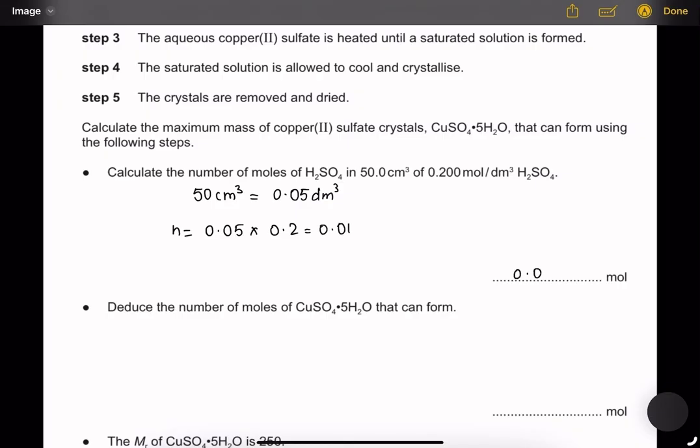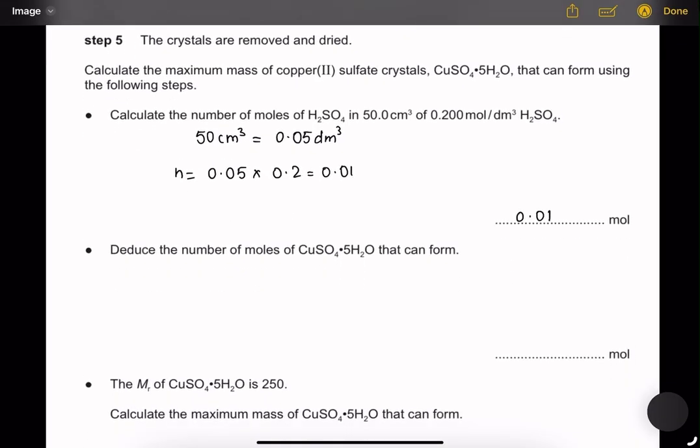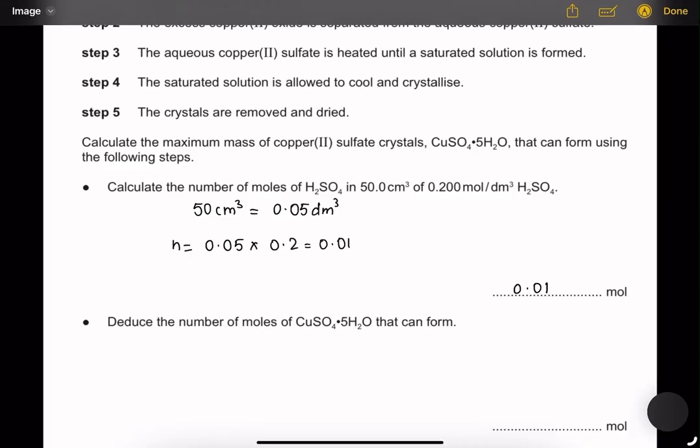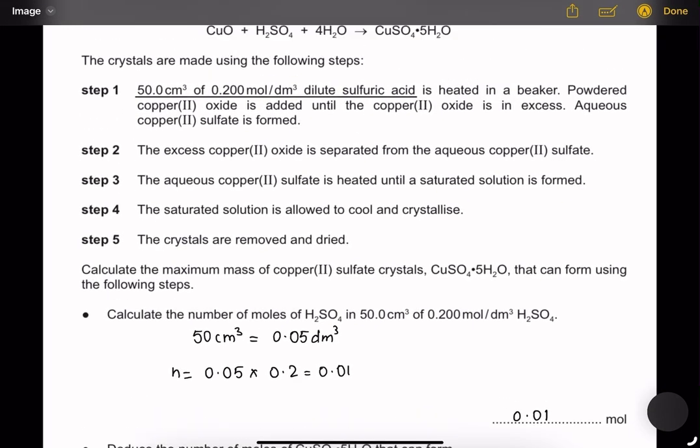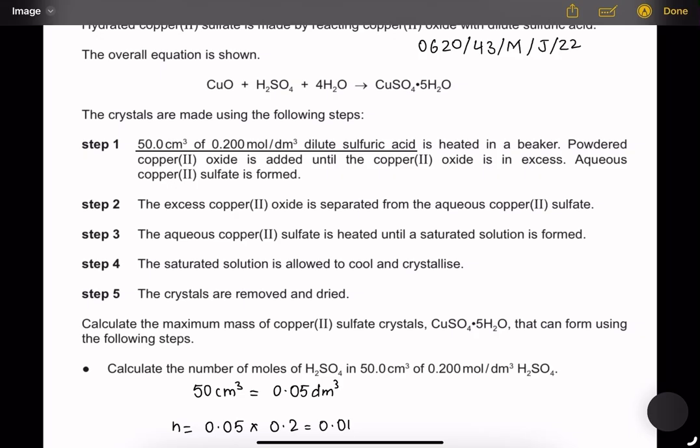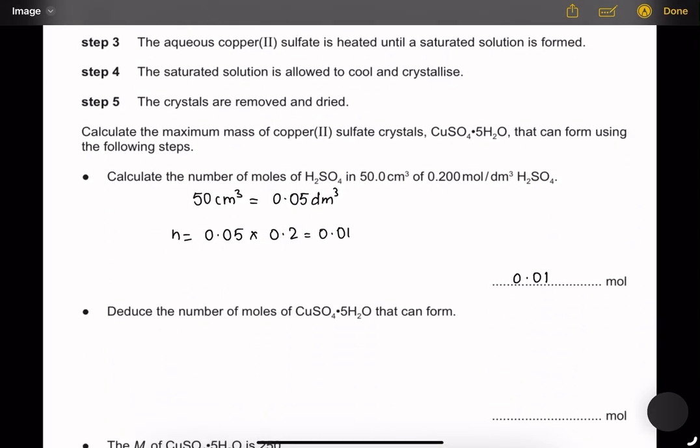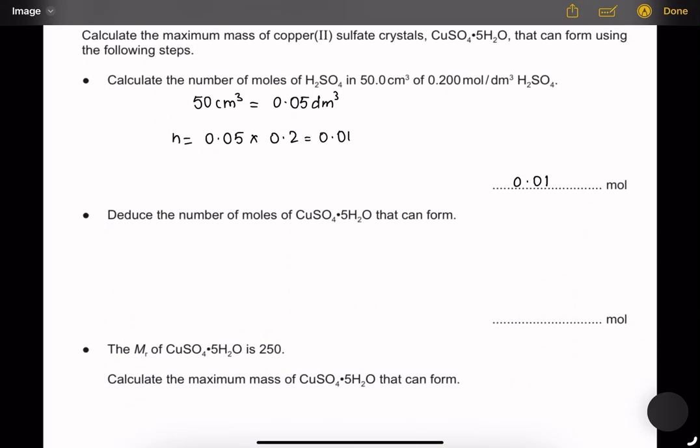So 0.01 moles of H2SO4 are present. Now deduce the number of moles of CuSO4.5H2O that can be formed. According to the molar ratio, it's 1:1. So it will be the same, 0.01 moles.